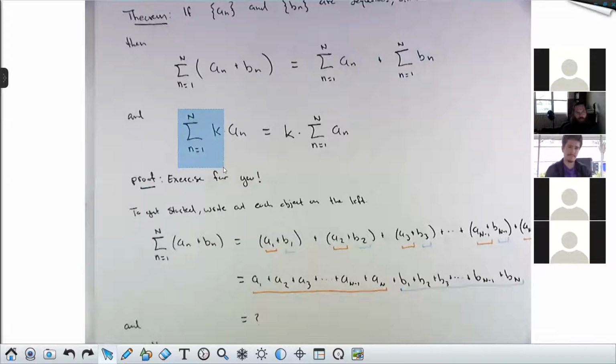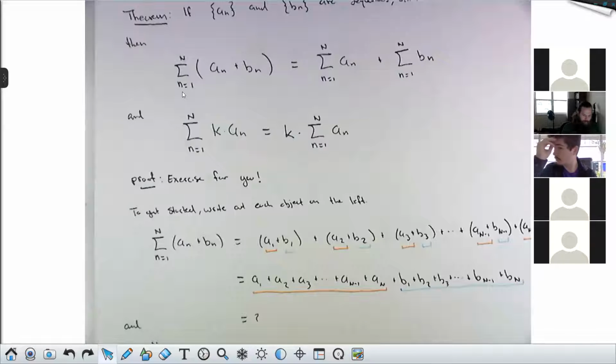And the integral from a to b of a constant times f of x is equal to the constant times the integral from a to b of f of x. So the sequences here are like functions, and the sigmas here are like integrals. And that is an analogy that we will explore more deeply later in section 11.3.